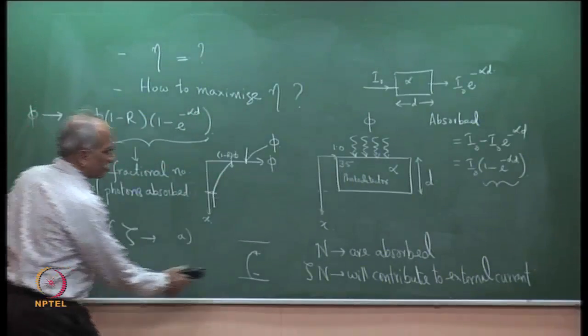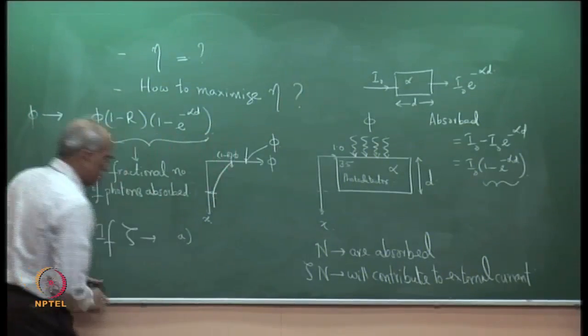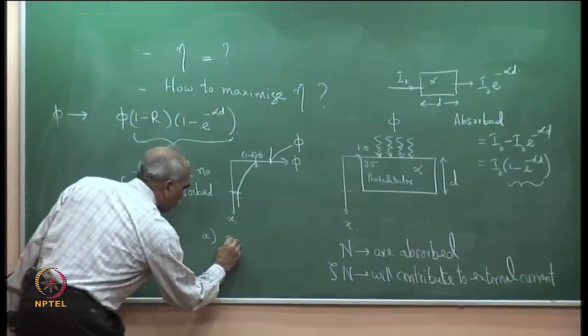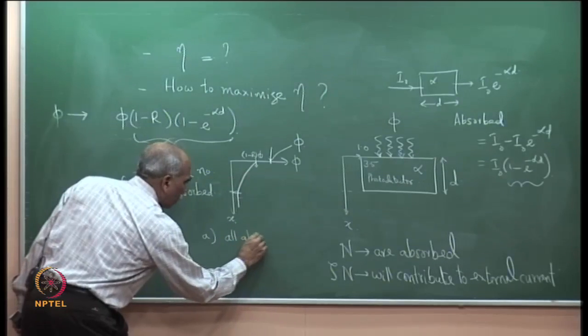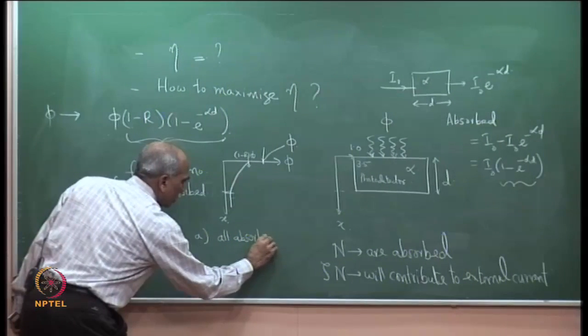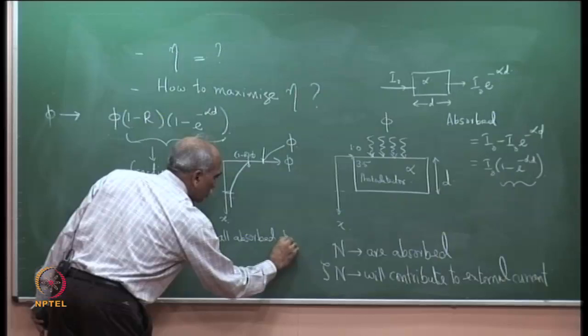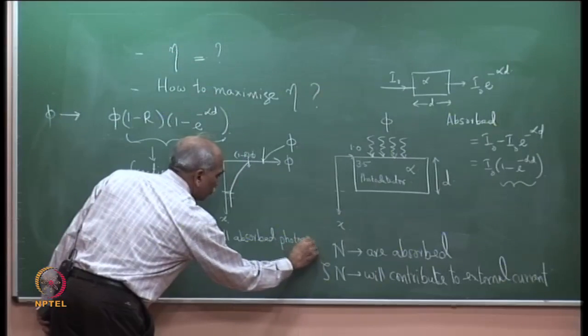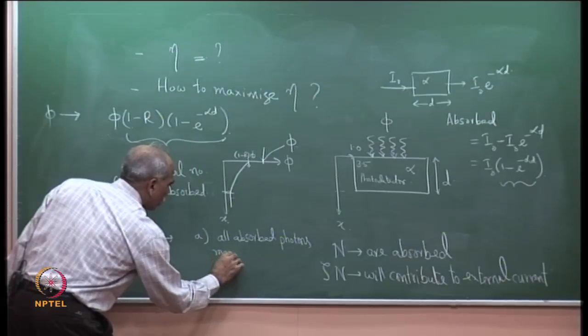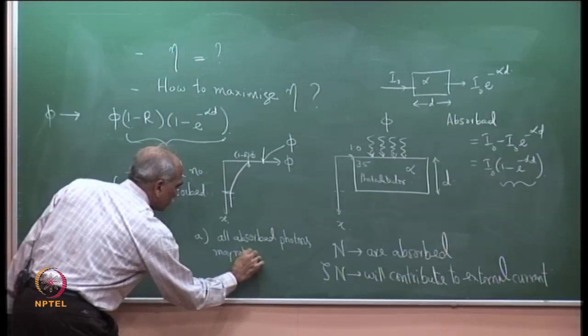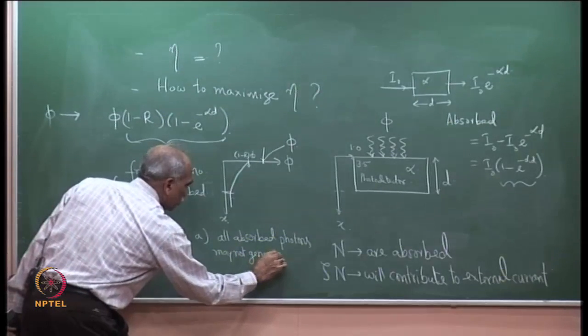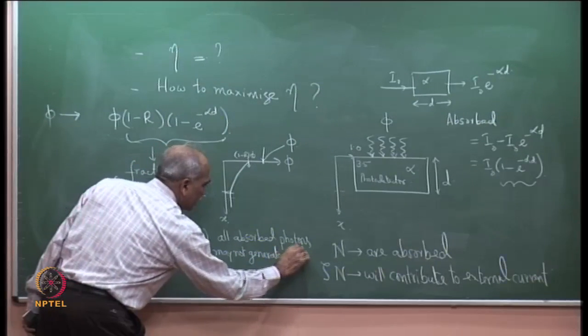So, zeta comprises of two parts. One, all absorbed photons may not generate EH pairs.